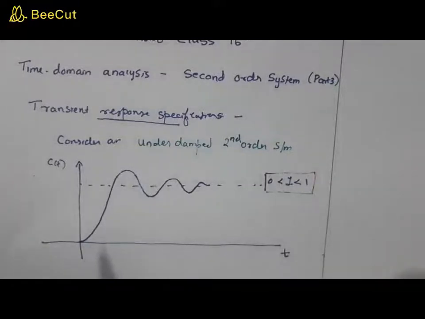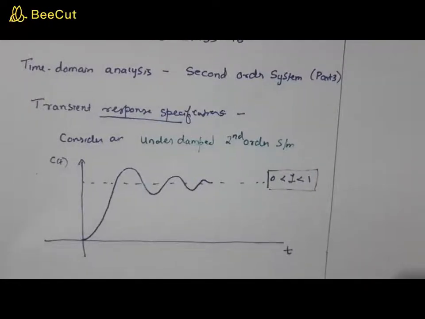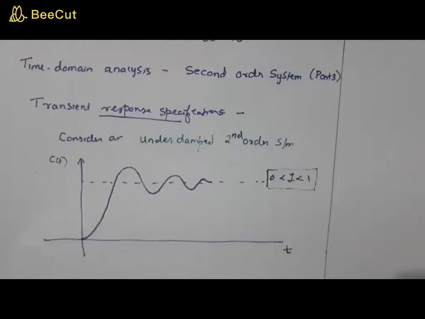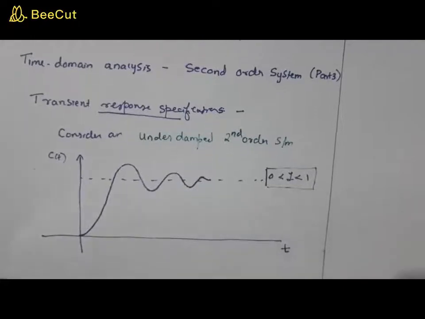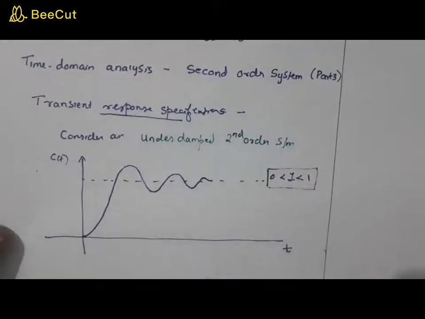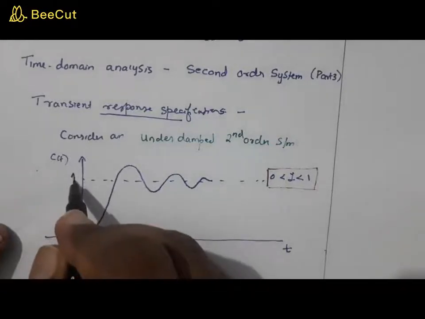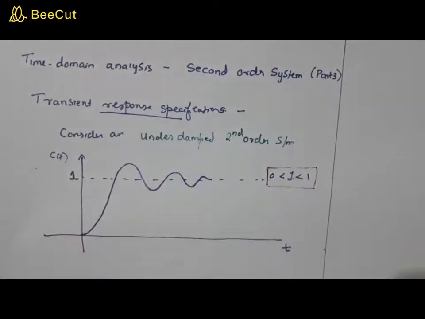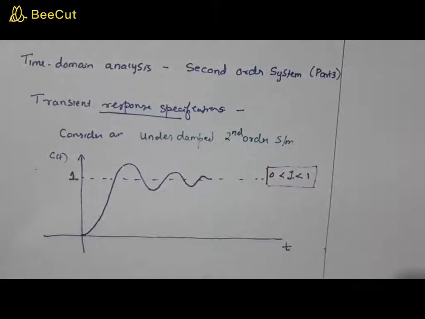Now look at this. Why did we select this underdamped condition? Because in the underdamped condition we'll be able to study the different variations of the output till it reaches the desired value. Now this is actually your desired value as far as a step input given to a control system.